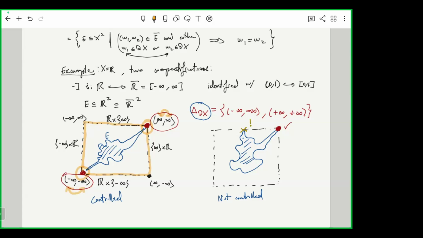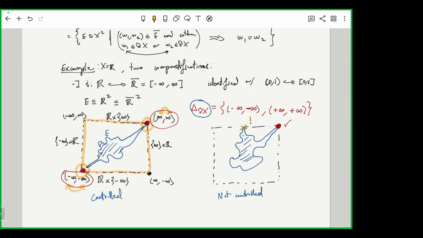Okay. So far so good? Do you have a question in this left part of the example? No. So that means if we take a subset in x cross x, and it goes towards infinity, closer to the diagonal of the product, then that set should be controlled, right?